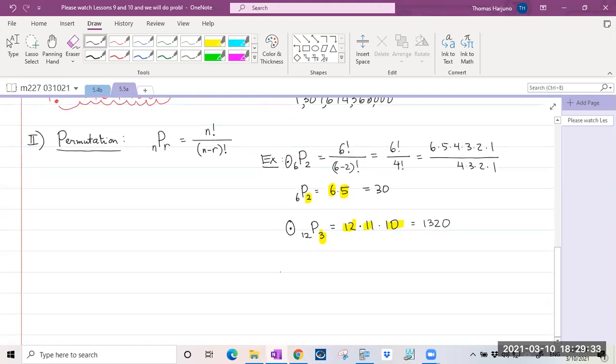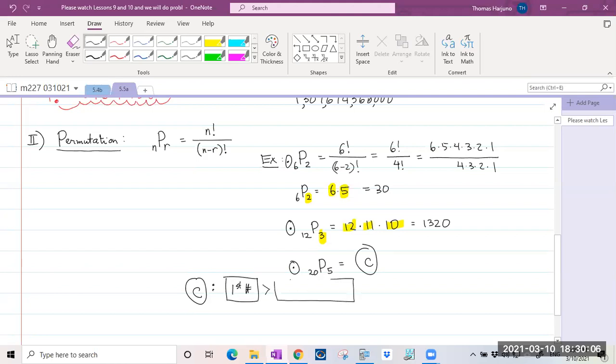Now the thing is, what happens if the number gets really large? Let's say 20 permutes 5. Oh, I don't think I want to do it by hand. Then I settle with the calculator. How to punch our calculator for this? You start with the first number, the 20, and then the nPr.